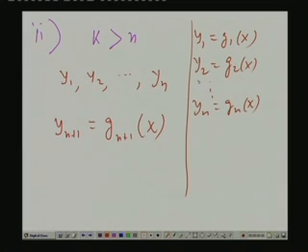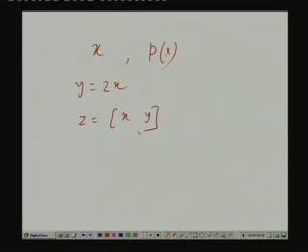Now, how to explain that? I will just consider an example. Forget all this for the time being. Suppose x is a random variable with probability density function p x, and you define another variable y as 2 x. Now you form a vector z as x y, and you have to find p z.